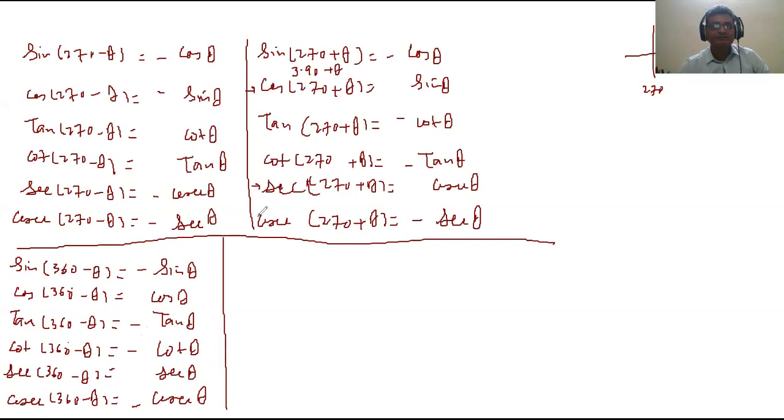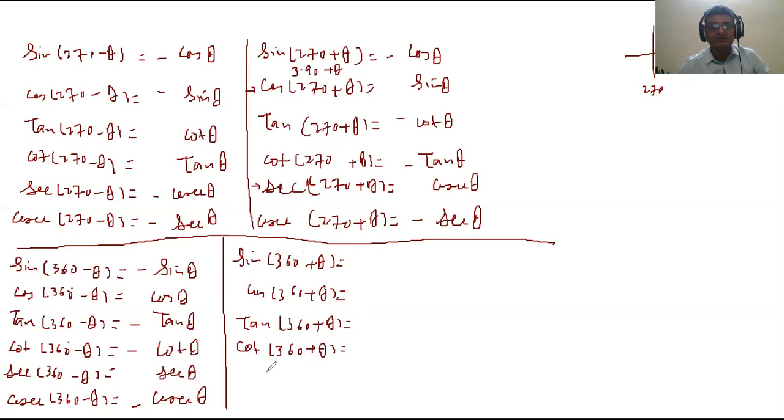Similarly, we can go for sine 360 plus theta, cos 360 plus theta, tan 360 plus theta, cot 360 plus theta, sec 360 plus theta, and cosec 360 plus theta.